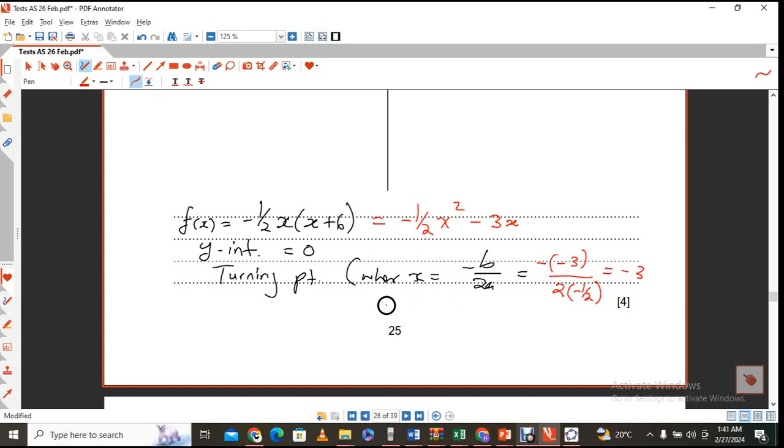So the turning point, if I have to write it down, the x-value will be negative 3, and to find the y value of the turning point, we take this value and put it into the function.